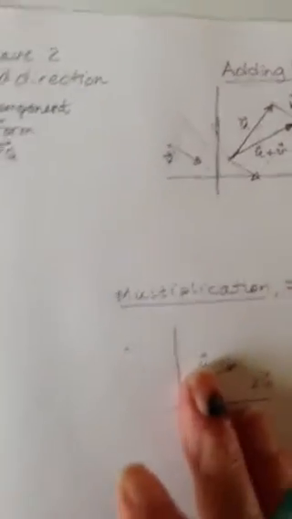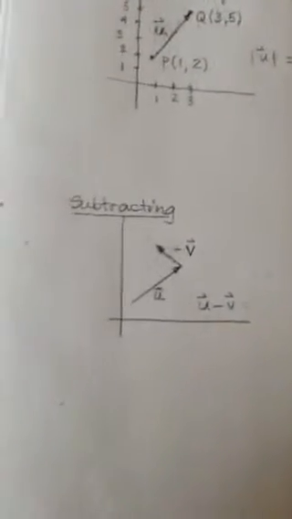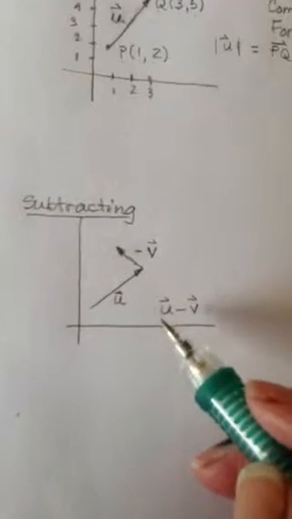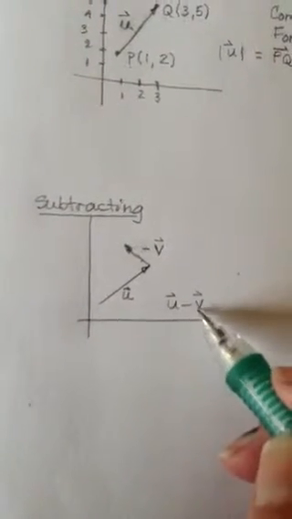Now, to subtract, we're going to add the opposite. So you're going to have u minus v.